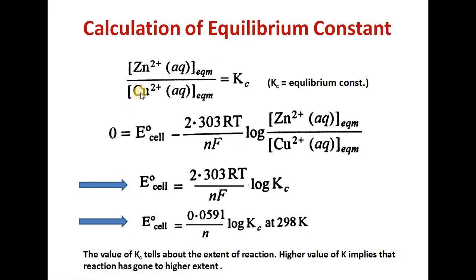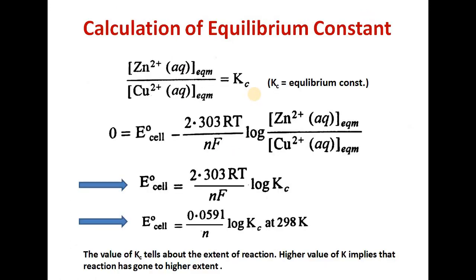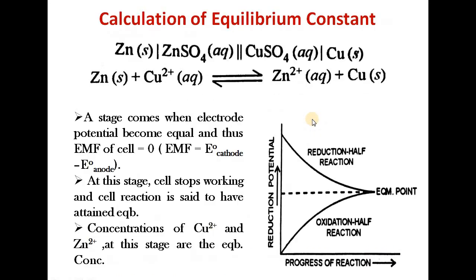At this stage, the concentrations of zinc 2 plus and copper 2 plus will be the equilibrium concentrations. So applying the Nernst equation at this equilibrium, we will have EMF of the cell equal to standard EMF of the cell minus 2.303 RT by NF log of concentration of zinc 2 plus divided by concentration of copper 2 plus.